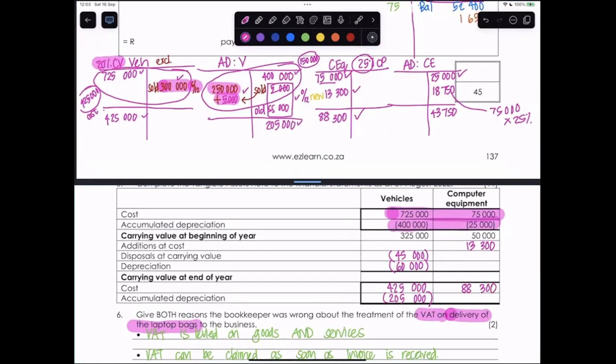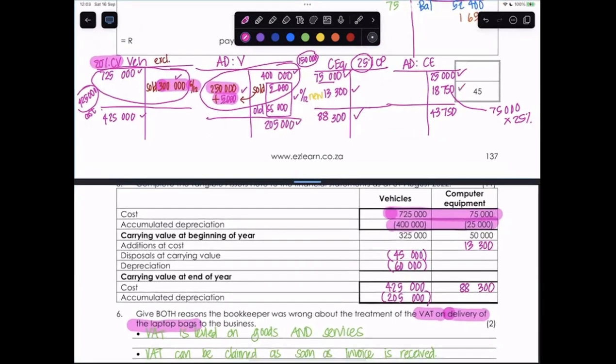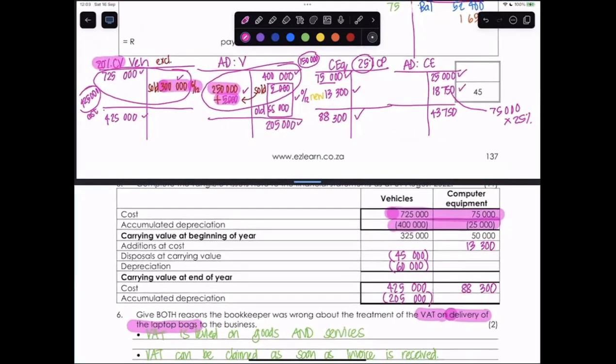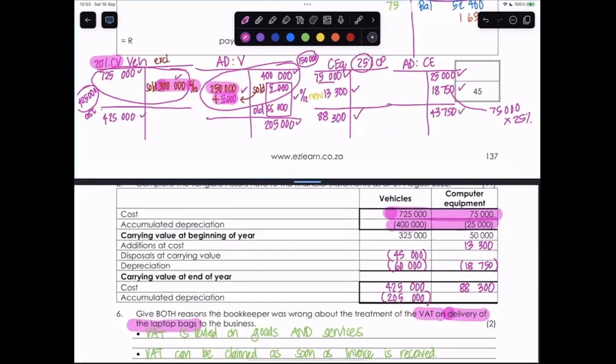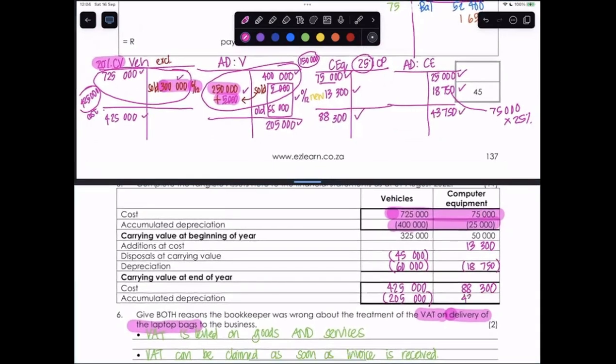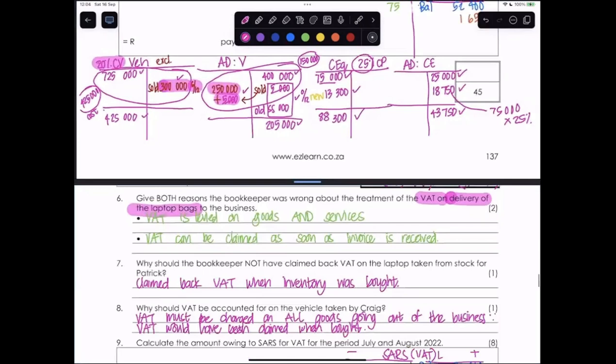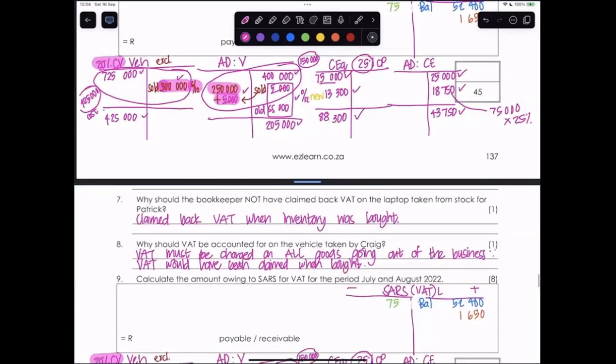And in the accumulated depreciation, I can show the 18,750 as the depreciation for the year. Again, make sure that it is in brackets. And then I can put the balance of 43,750 at the bottom, again in brackets. And your tangible assets note is done. Hopefully you can see how much easier it is to do when you've got T accounts that you can see what's going on. We've then answered all the questions.